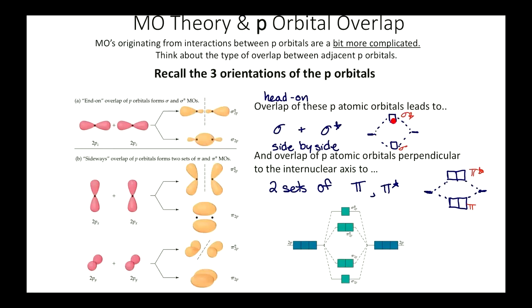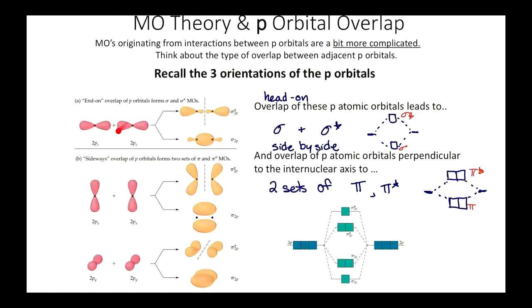Anti-bonding is always higher in energy than our bonding orbital. But I want you to recognize that the atomic orbitals overlapping to give us our molecular orbitals originate from a head-on overlap. So we still call it sigma, but now we add the designation: is it bonding, so it's just like regular sigma, or is it anti-bonding, sigma star?